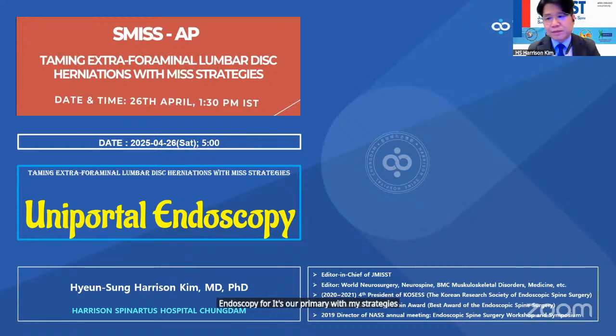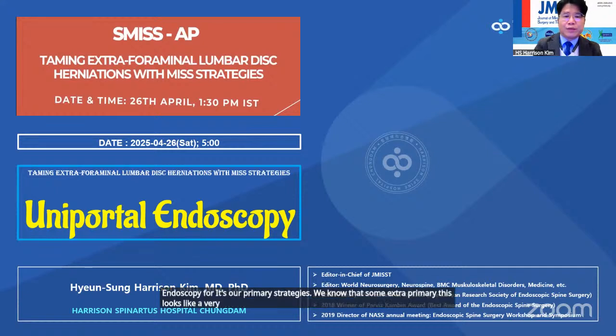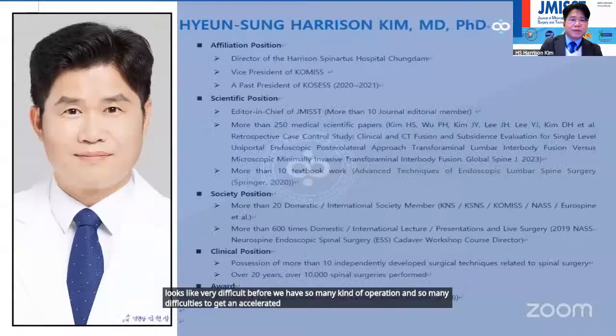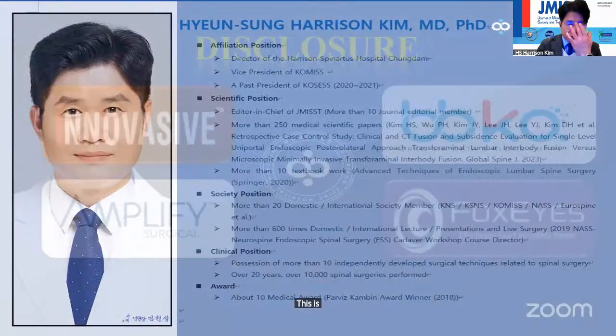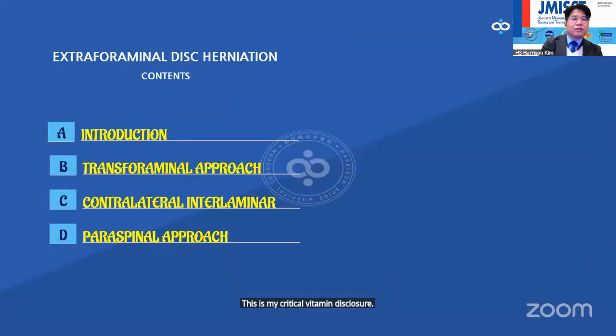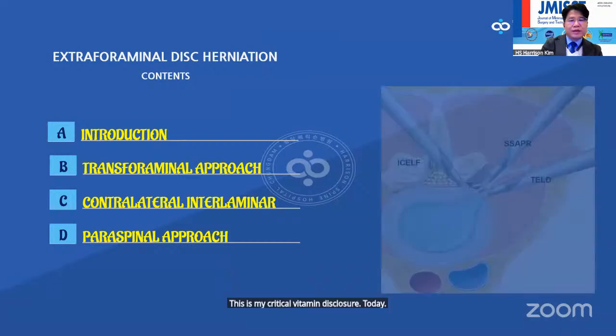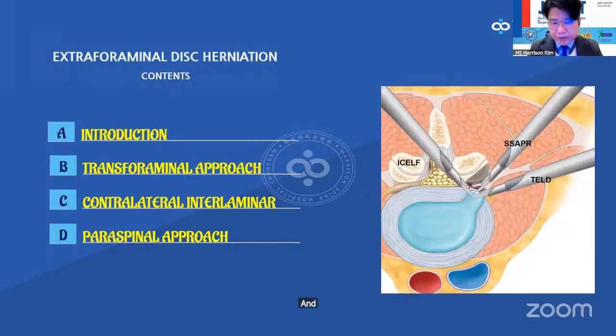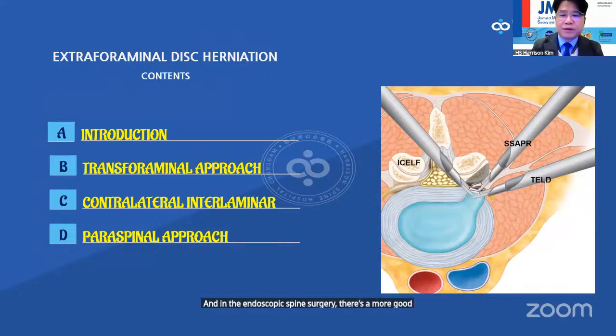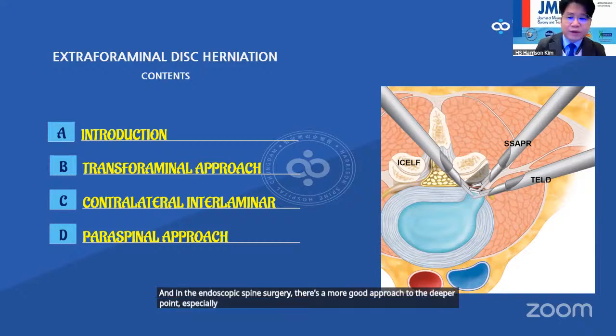We know that some extraforaminal discs look very difficult. Before, we had many kinds of operations and many difficulties in getting excellent clinical surgical results. This is my curriculum vitae disclosure. In endoscopic spine surgery, there is a good approach to deeper points, especially the foraminal and extraforaminal area, using a very small working channel.